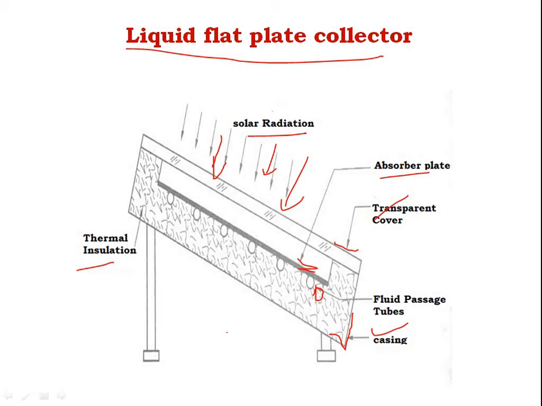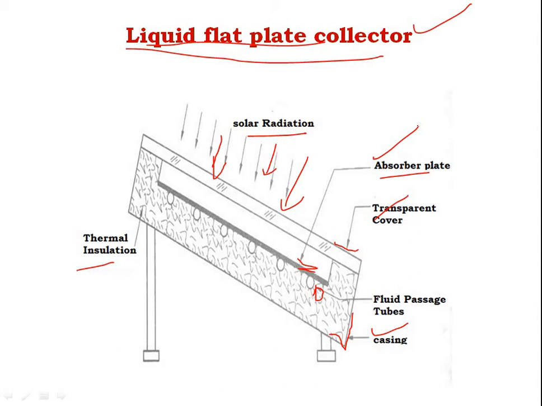So the main parts of the liquid flat plate collector are, first, the absorber plate, which you can see in the figure.